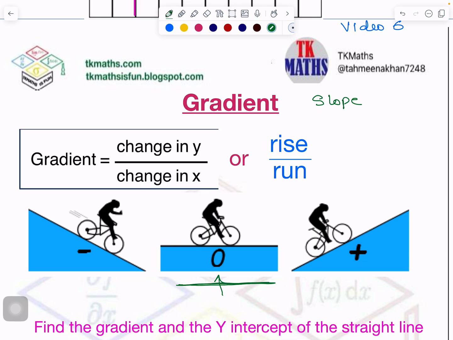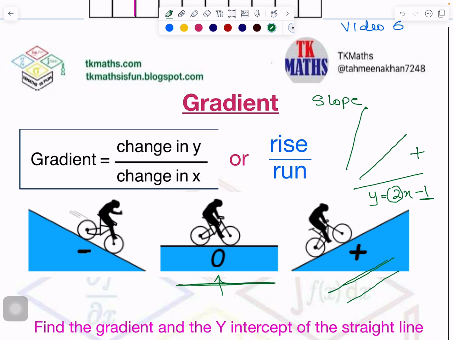But if you see the line like this, it means you're climbing up. You can see the cyclist here. When you're climbing up, this direction of the line, either it is like this, like this, like this, it is called positive gradient. So when you write the equation of the line, this number has to be positive, irrespective of this. That means positive gradient.